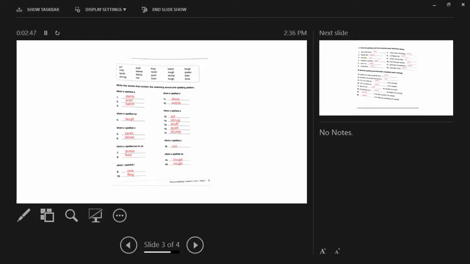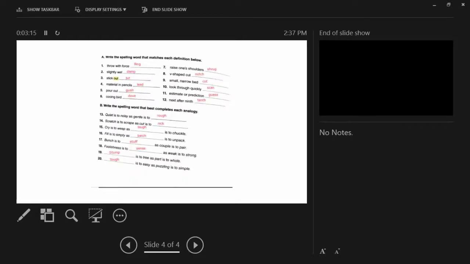Short I spell I, 9 and 10, nick and fling, and short O spell O, number 11 and 12, dove, not. Short U spell U, 13, 14, 15, 16, 17: jut, shrug, stuff, gush, stump is the same pattern, same rhyme. And number 18, short U spell O, caught. Number 19 and 20, short U spell O, U: tough, rough.